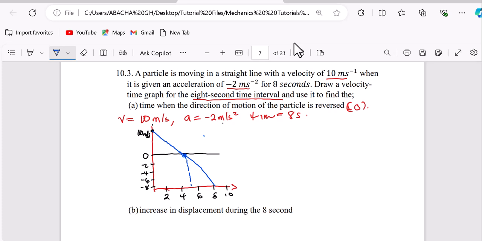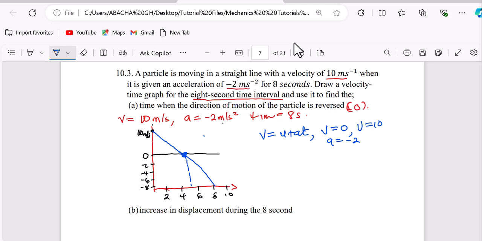Okay, so I can actually use one of the equations of motion to get something from this. We know that v equals u plus at, but here we will only go in the reverse direction if our final velocity is 0. Here our initial velocity is 10 and our acceleration is -2, so we can predict the time.